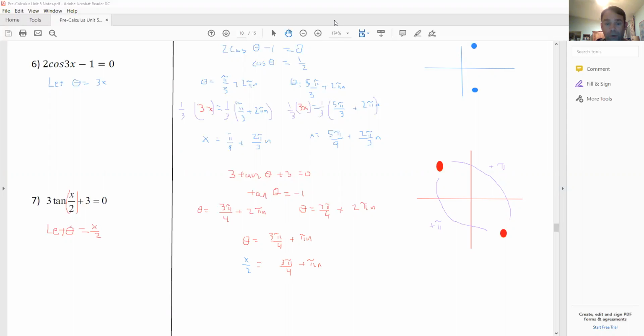But now that we've got the multiple angle back in, we can get rid of that divided by 2. We're going to multiply both sides by 2. And we find out then that x is 3 pi over 2 plus 2 pi n.